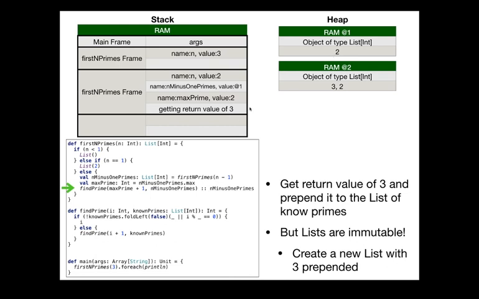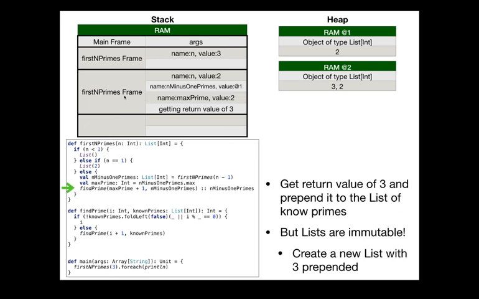So this is actually going to return a brand new list with that element prepended to it. So this call to prepend is going to create a brand new list with that element prepended to it and return a reference to that brand new list that was created. That's going to be the return value of this recursive call.